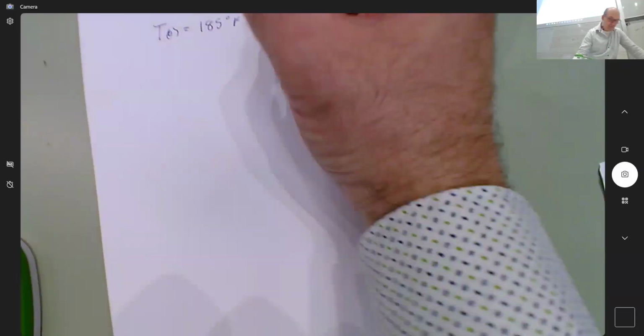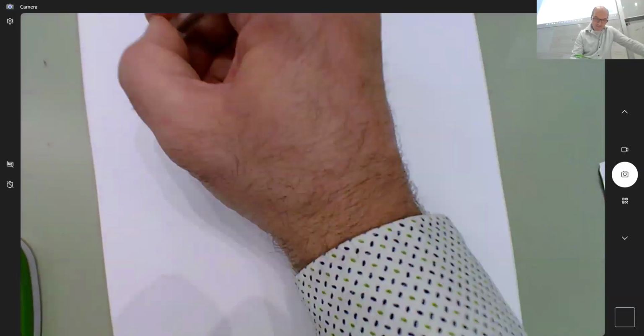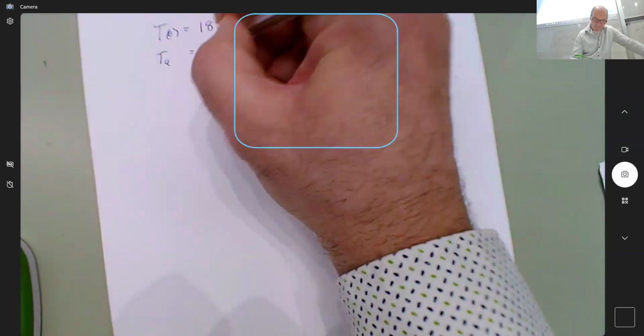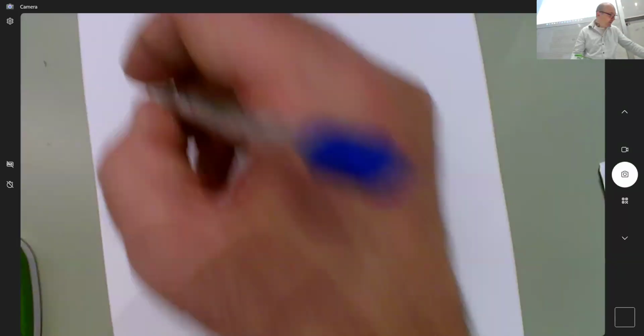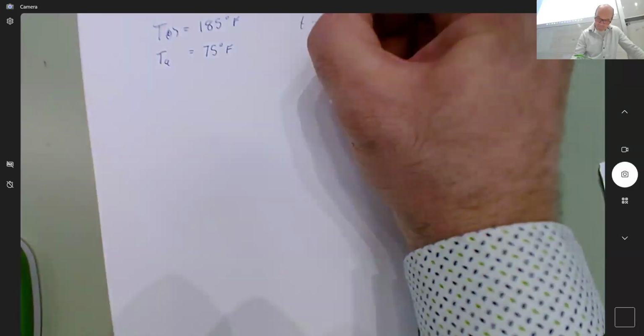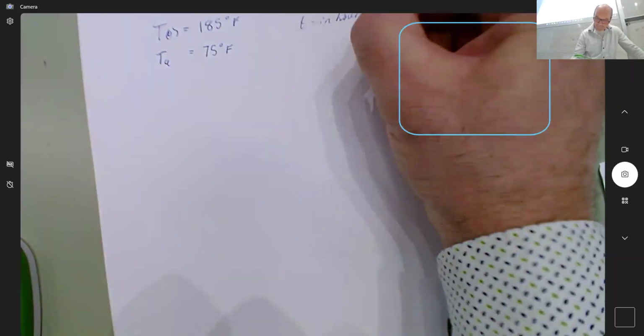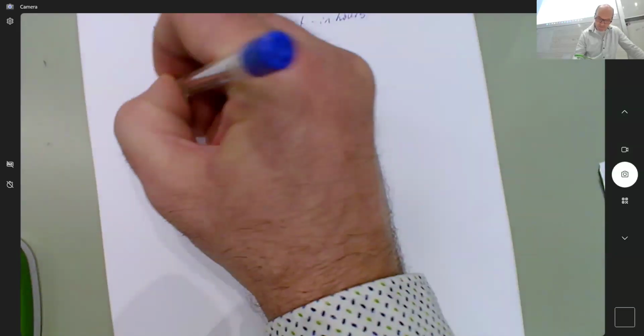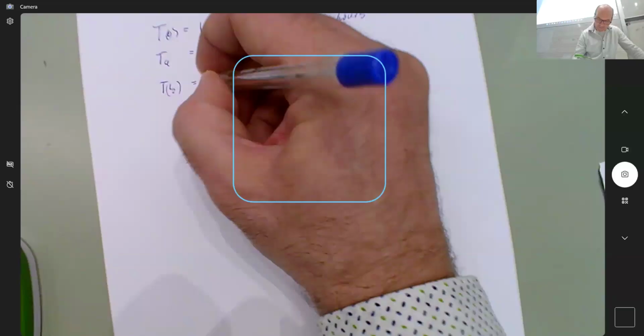We are saying the ambient temperature is equal to 75 degrees Fahrenheit. This is what you get if you use an American book. And half an hour, so we're going to use t in hours. And so T of a half is equal to 150 degrees Fahrenheit.